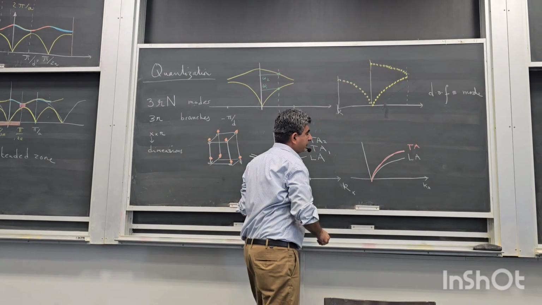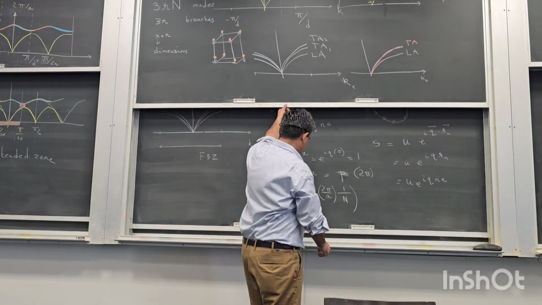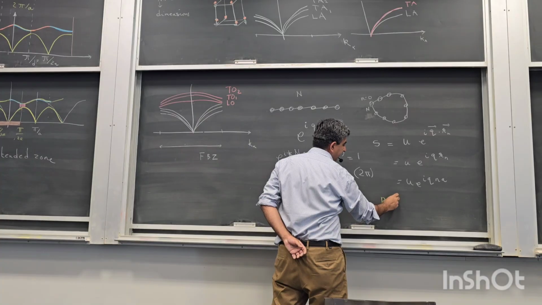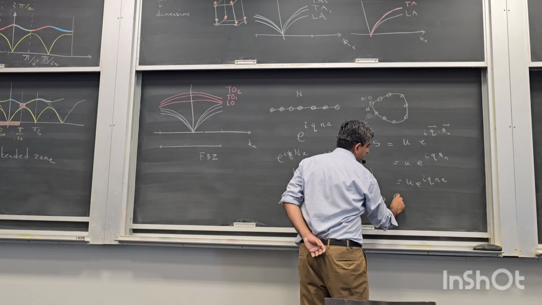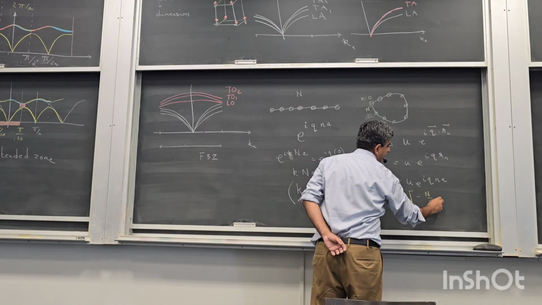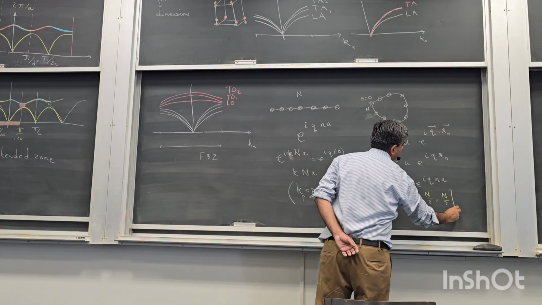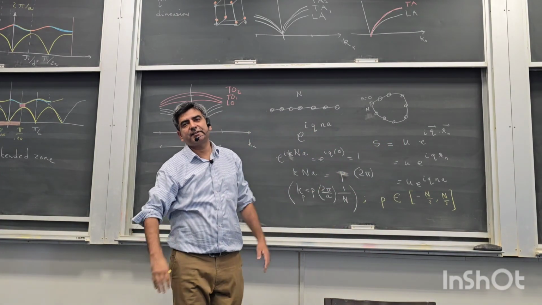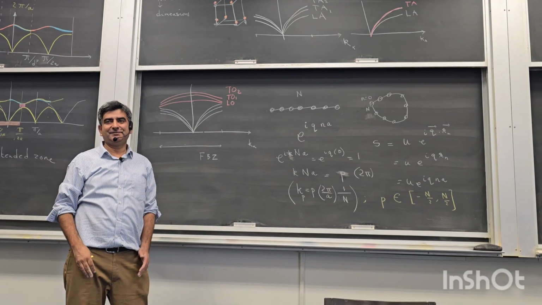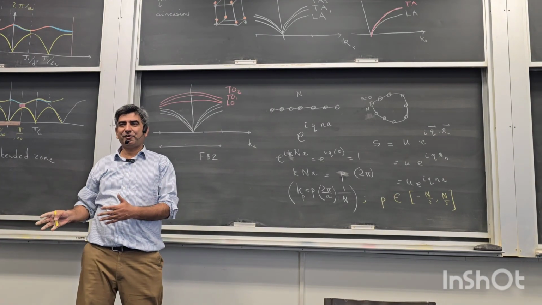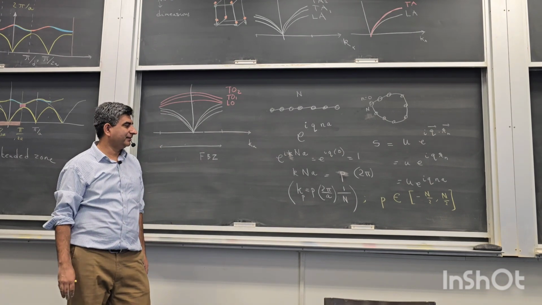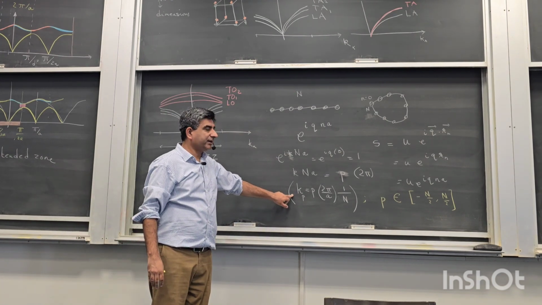Remember that my capital N is large, so p is some integer between minus N by 2 and N by 2. The total number of p's inside the system is N, N by 2 on one side of the 0 of the reciprocal, and N by 2 on the other side. So this k is now quantized.